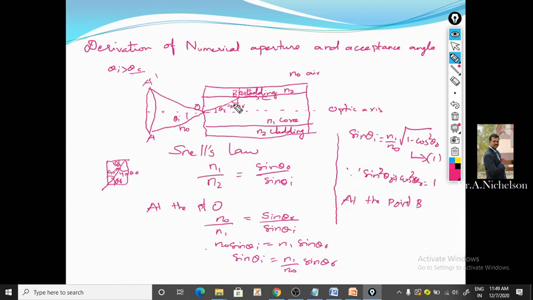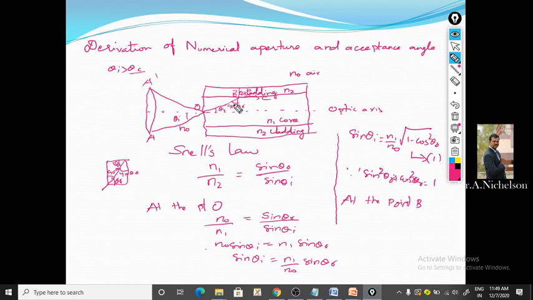So here also you can use the formula, n1 by n2 is equal to sin 90 degree divided by sin 90 minus theta r. The refracted angle is sin 90 degree, and the incident angle is 90 minus theta r.